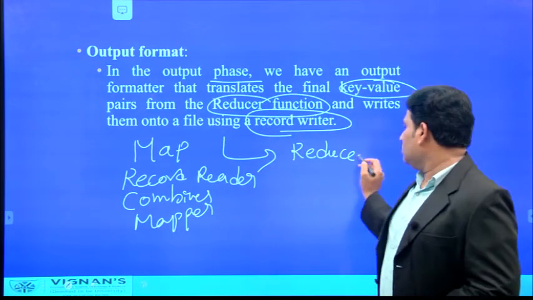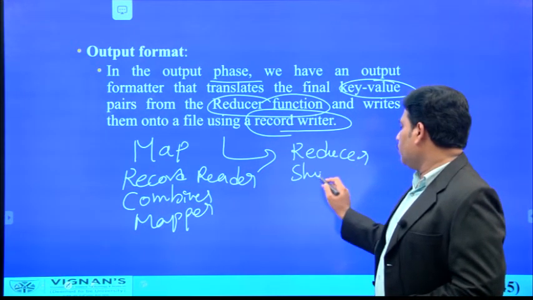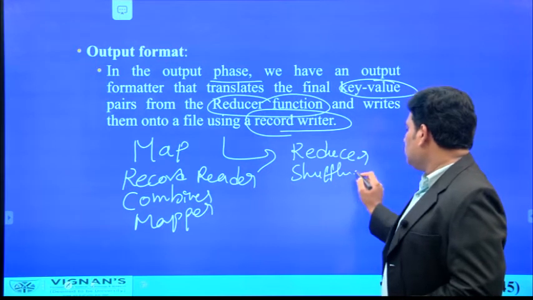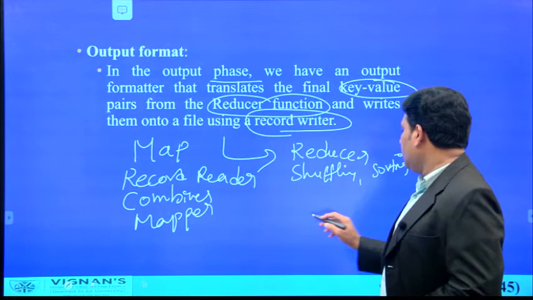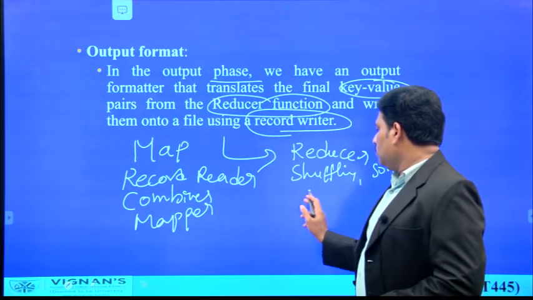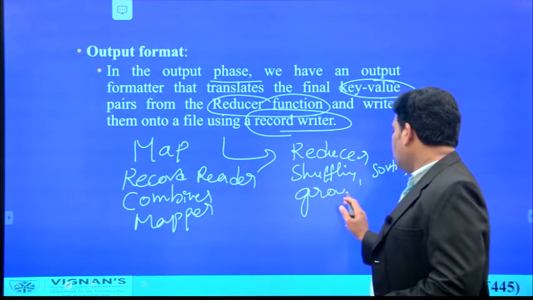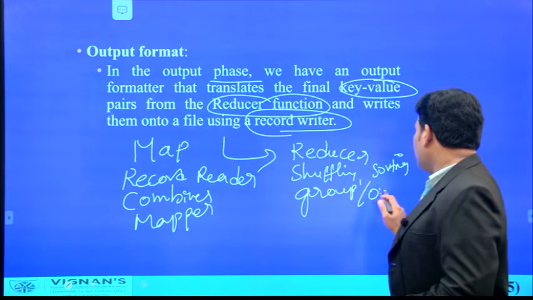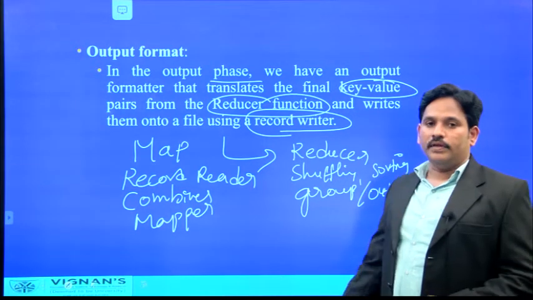In the reducer module we are going to apply shuffling and sorting techniques, and when generating final outputs, that is in the form of grouped outputs, we are grouping the data.